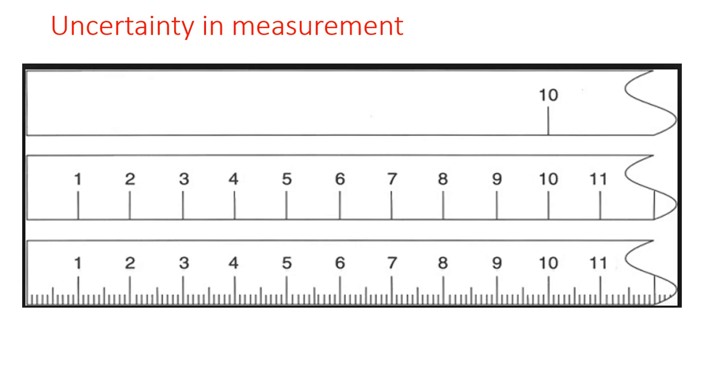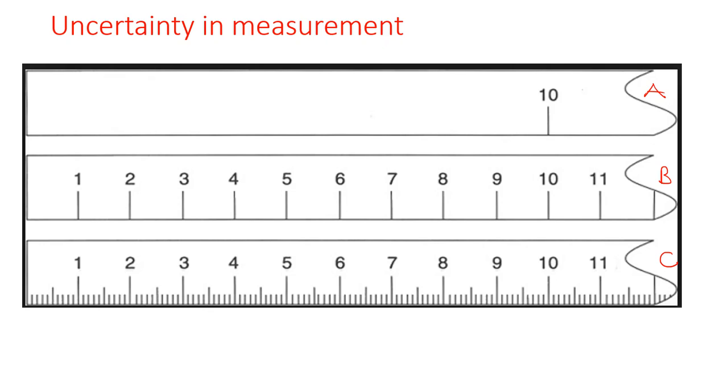Now let's look at 3 rulers. So this is ruler A, B, and C. What is different among these rulers? The answer is the smallest divisions in the rulers are different.